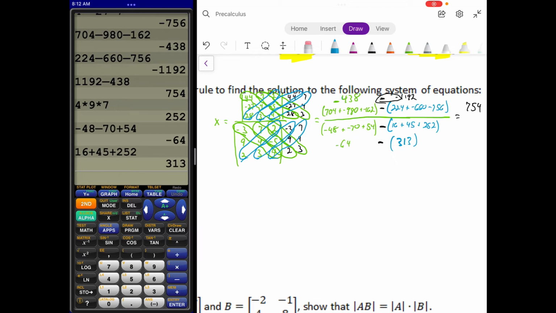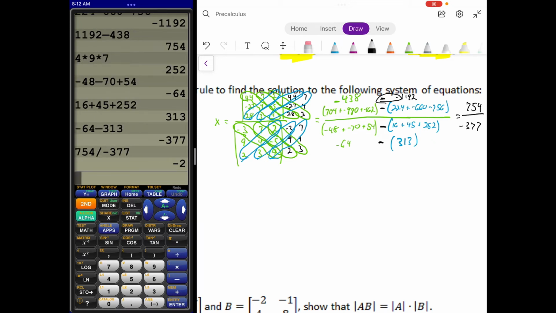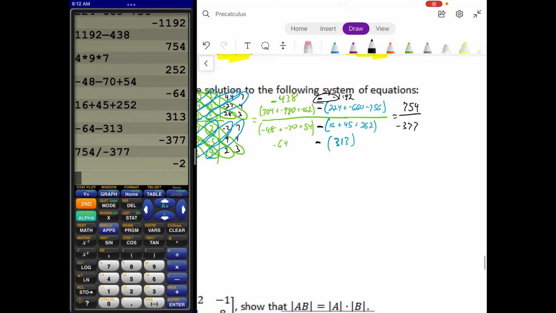And then negative 64 minus 313. That is negative 377. And 754 divided by negative 377 is negative 2. So we get negative 2 for x.